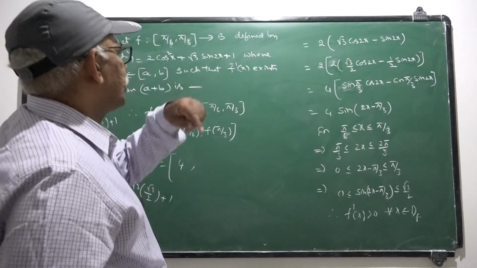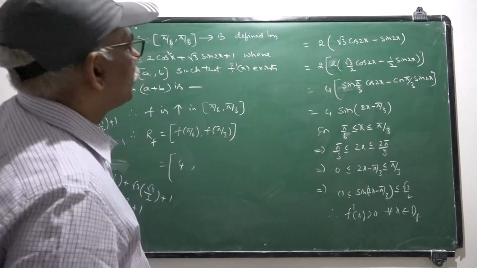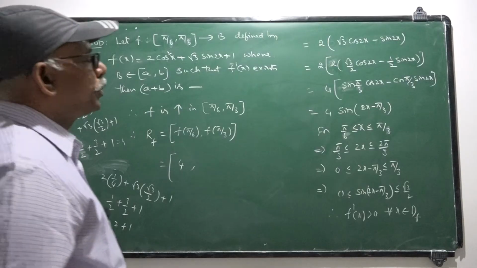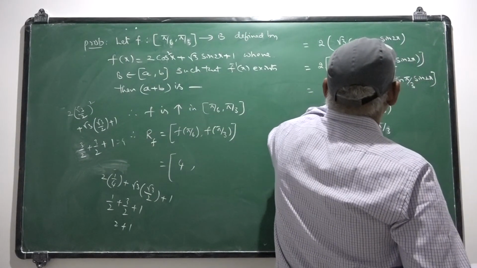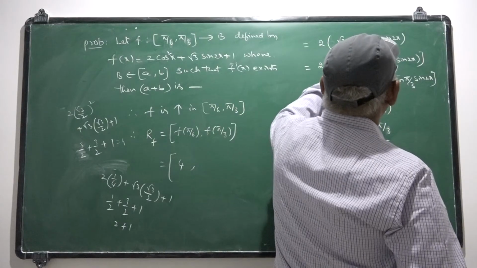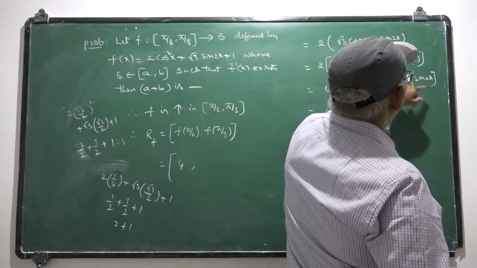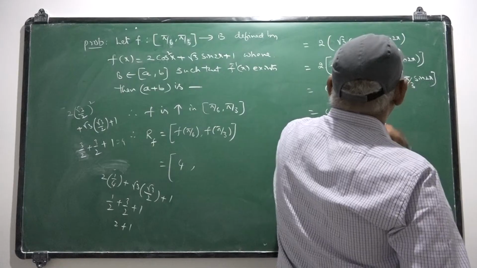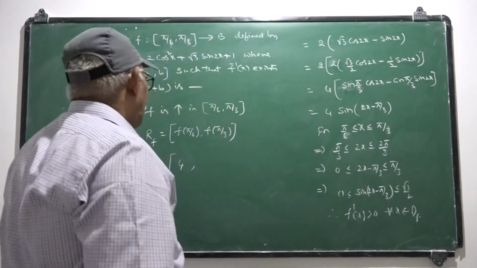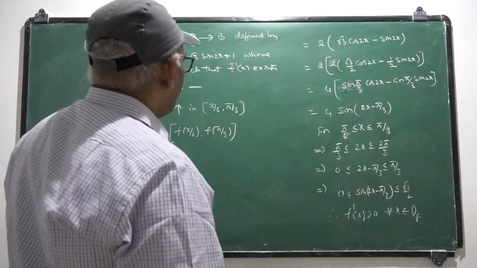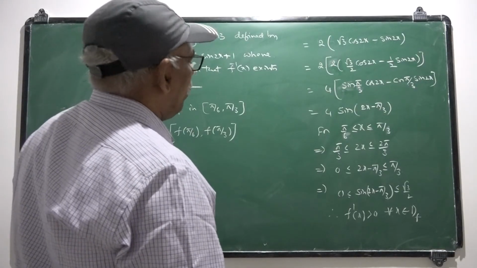Taking 2 common, root 3 cos 2x minus sin 2x. That is 2 into root 3 by 2 cos 2x minus 1 by 2 sin 2x, where 1 by 2 is sin pi by 6, so cos 2x minus cos pi by 3 sin 2x. So sin of 2x minus pi by 3.